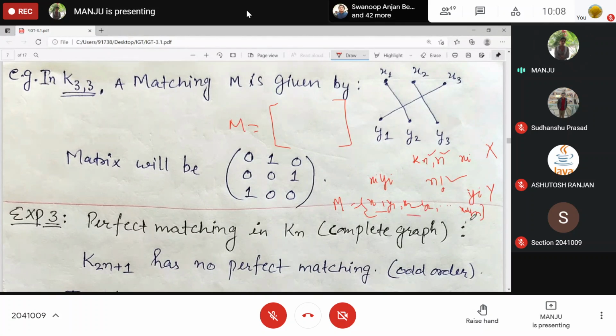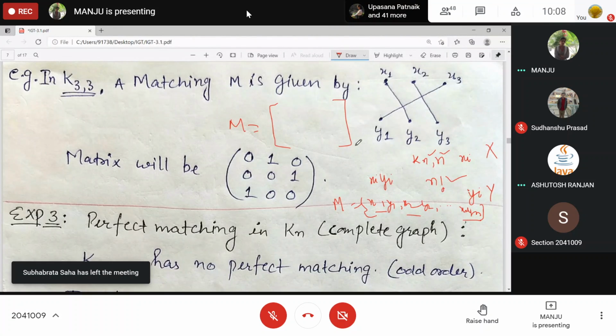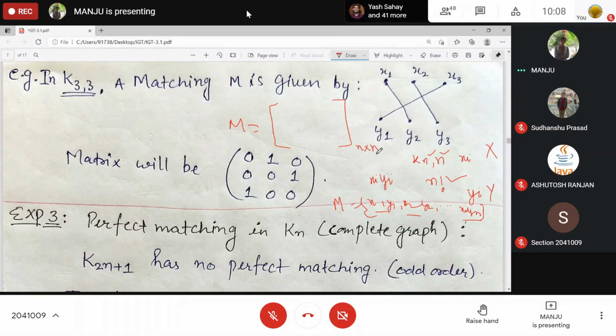Yes, here you have (xi, yi), right? This will be n cross n. Here you can write x1, x2, and so on, and y1, y2, right? So x1, y1 are related. Whenever the ith element is related to the jth, then mij will be 1, otherwise 0. x1 is not related to y2, y3, y4, and so on up to yn, right?